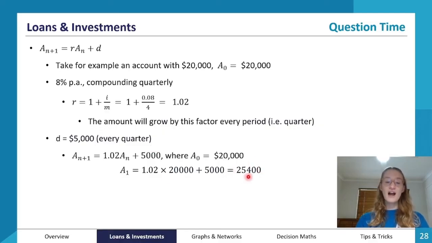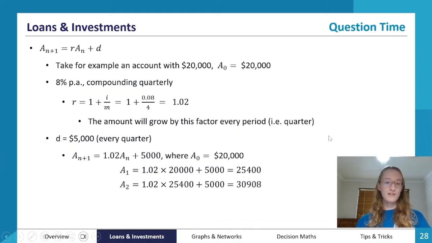So you can see that after 1 quarter, the amount in the annuity is $25,400. So we can see that $5,000 of that growth has come from the deposit. We can see that $400 of that growth has come from the interest.